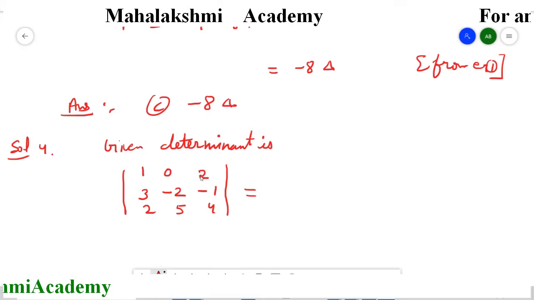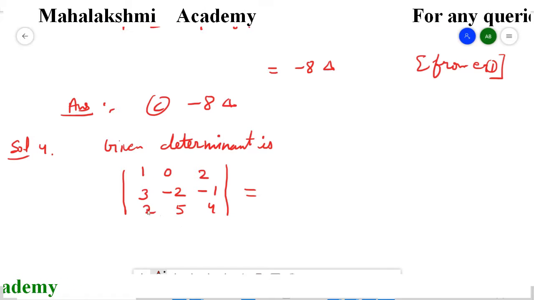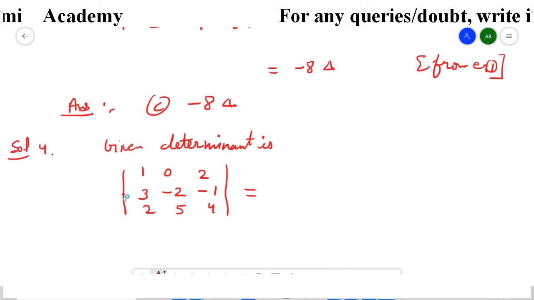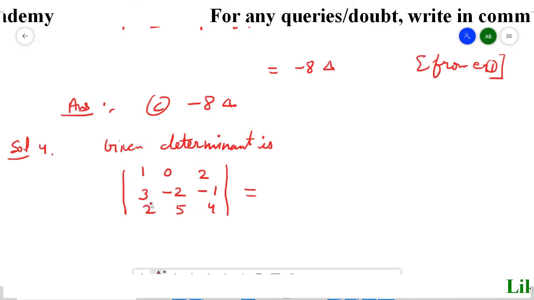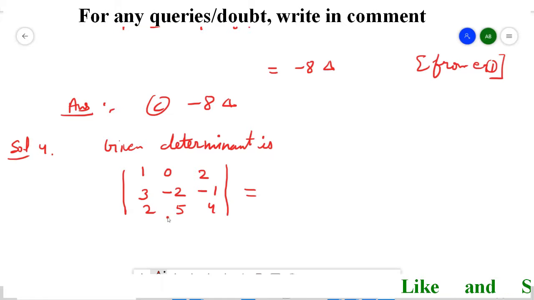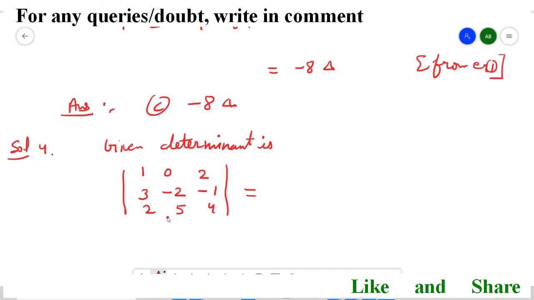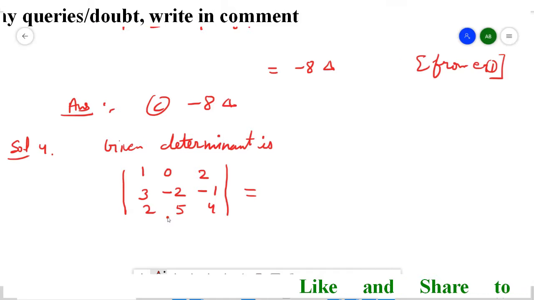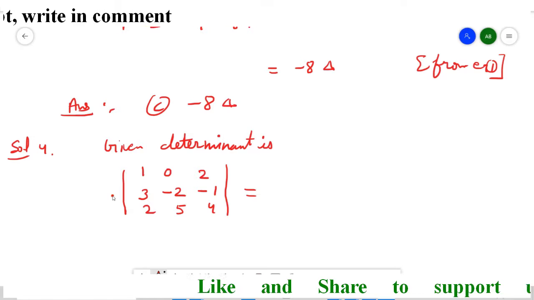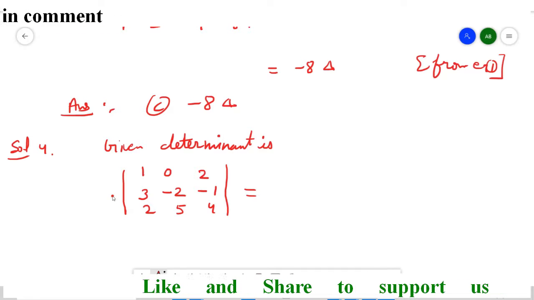So if I interchange the first row and third row, then I have to apply a minus sign in front of the determinant. Again I am repeating the property: if we interchange any two rows or any two columns, the determinant's sign changes. Sign changes means if it is positive it becomes negative, and if it is negative it becomes positive.